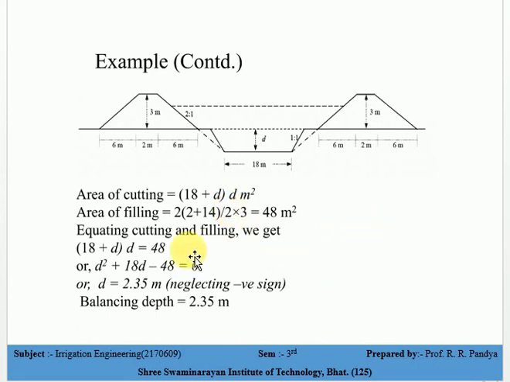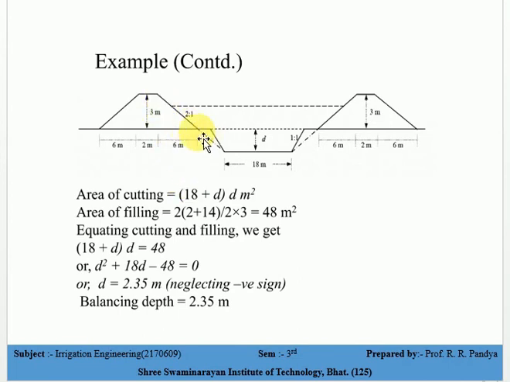Now find out the area of filling. Here it is also a trapezoidal section. Again the equation is the same, BD plus ND square. What is B here? B is considered as 2 meter, because the width of the bank should be 2 meter here. And D is 3 meter. So B into D plus N, how much is it here?